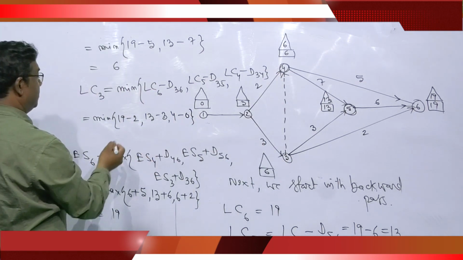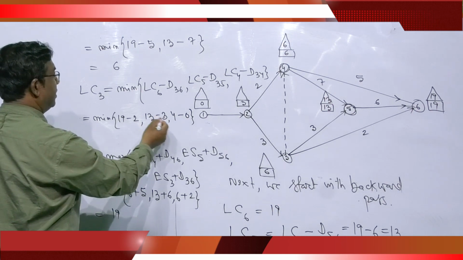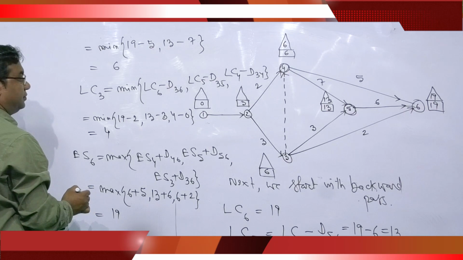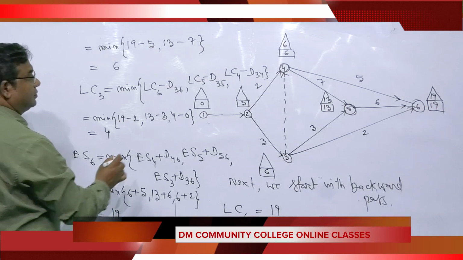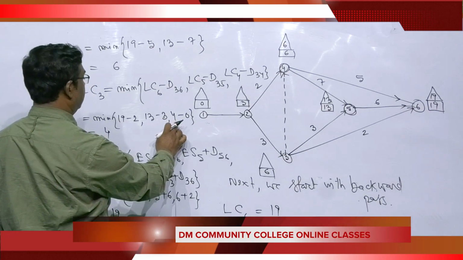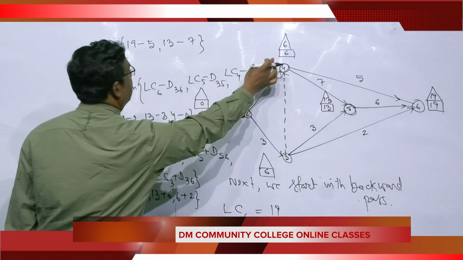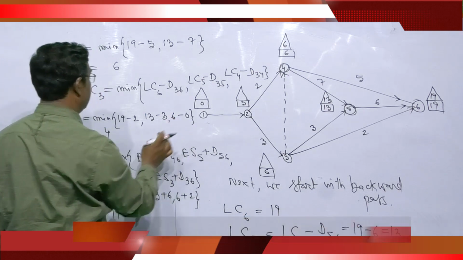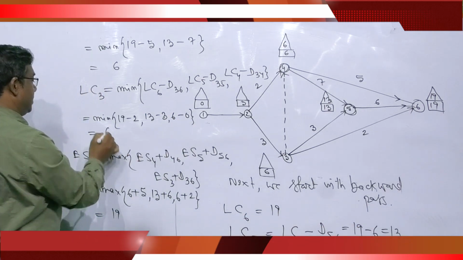So the minimum is 17, 10, 6. So we have to take 6. LC4 means 6, 6 minus 0. So we have to write 6.